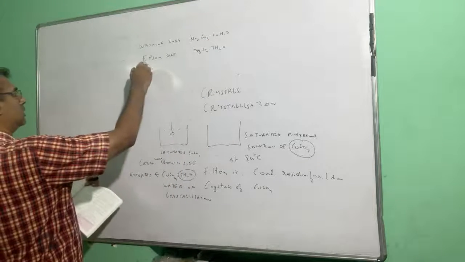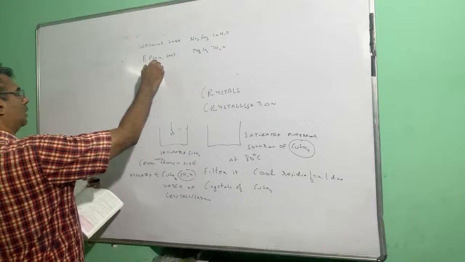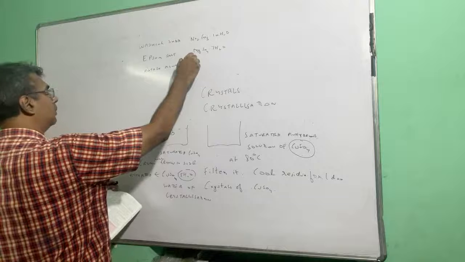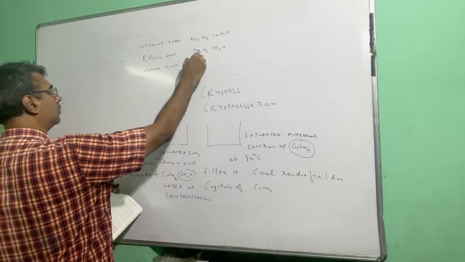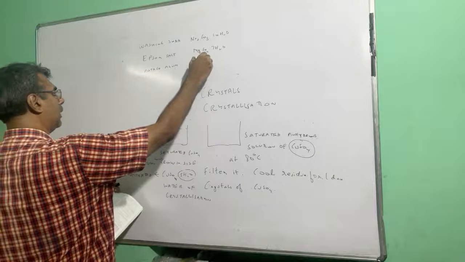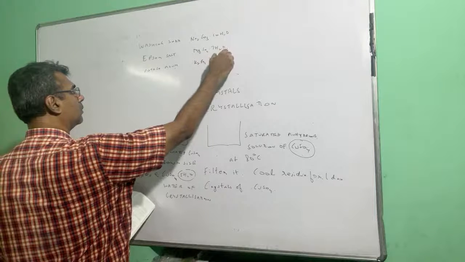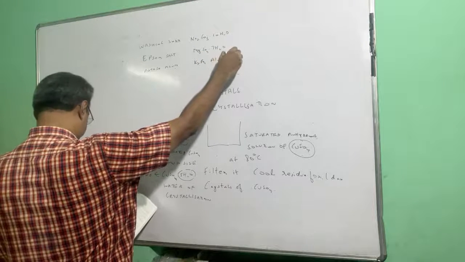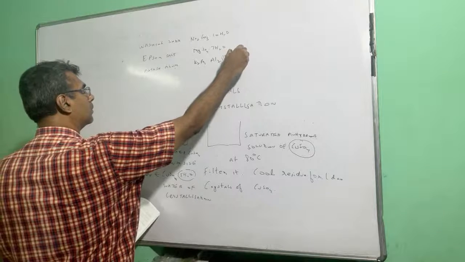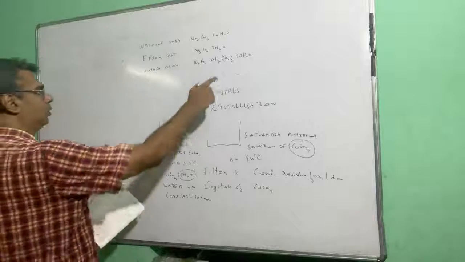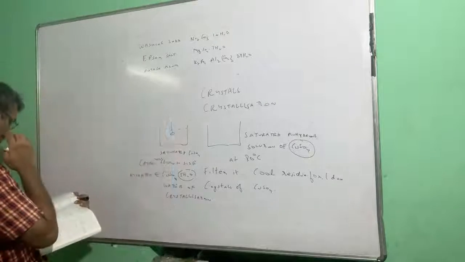The third is potash alum, K2SO4.Al2(SO4)3.24H2O.